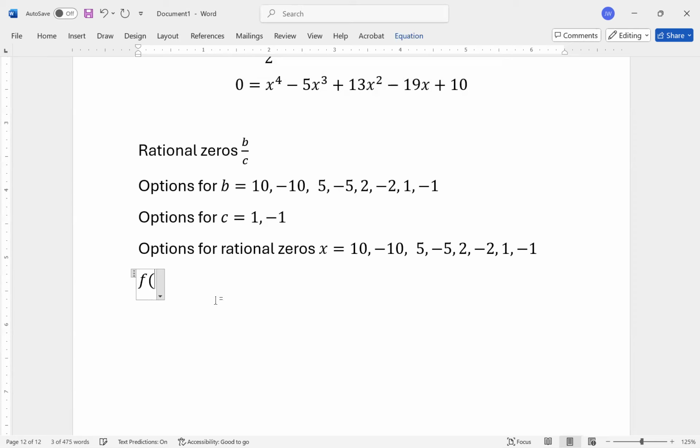So we plug in, let's start with +10. When I plug in a +10 into my polynomial function, I get 6,120 divided by 2, which is 3,060. That's into my original function. If you plugged it into this one, you get double that, which is 6,120.